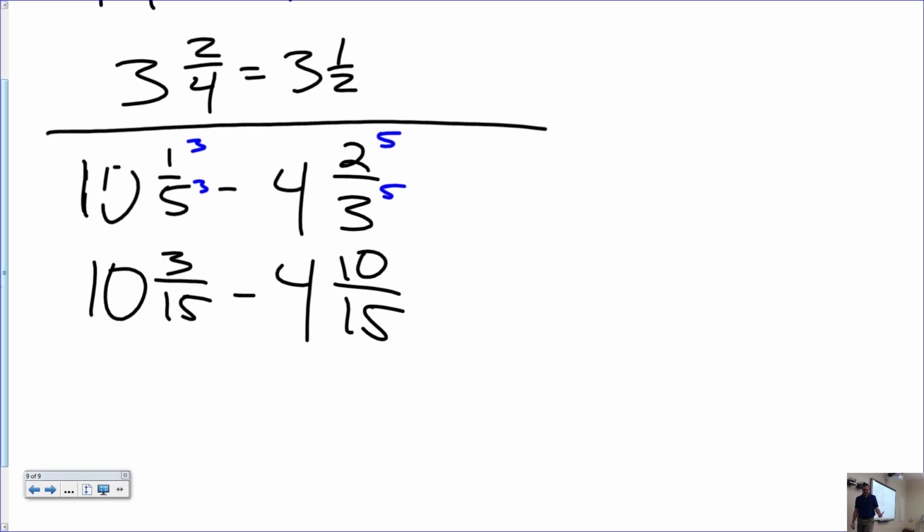All right, now, minus 4 and 10/15. Now, what's wrong with this subtraction? Yeah, we can do 10 minus 4 and get 6, but what's 3 minus 10? Negative, right? So if you wrote this as 6 and negative 7/15, what am I going to do? I'm going to mark it wrong. Now, quick question.